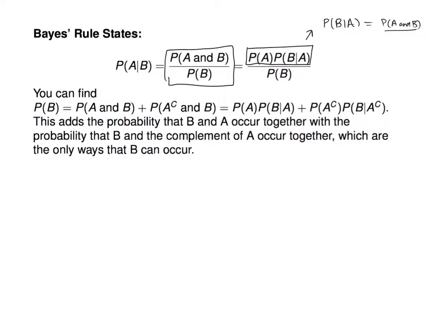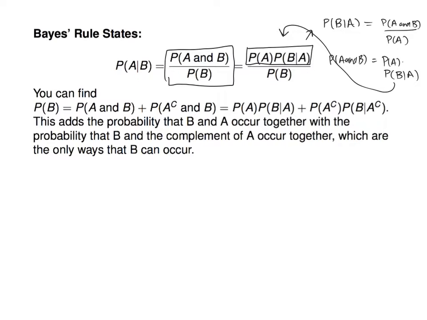A. P of A. And you see if I solve for P of A and B, I get P of A and B is equal to P of A times P of B given A. So is it clear where that numerator came from? Okay. And the denominator didn't change yet, right? They're okay with that so far?